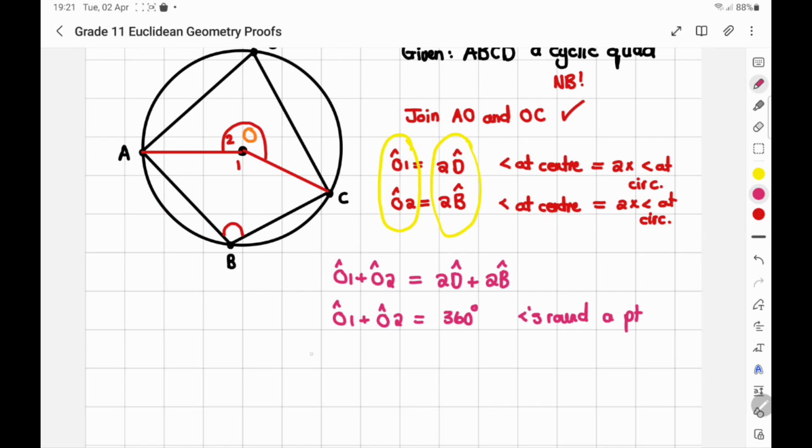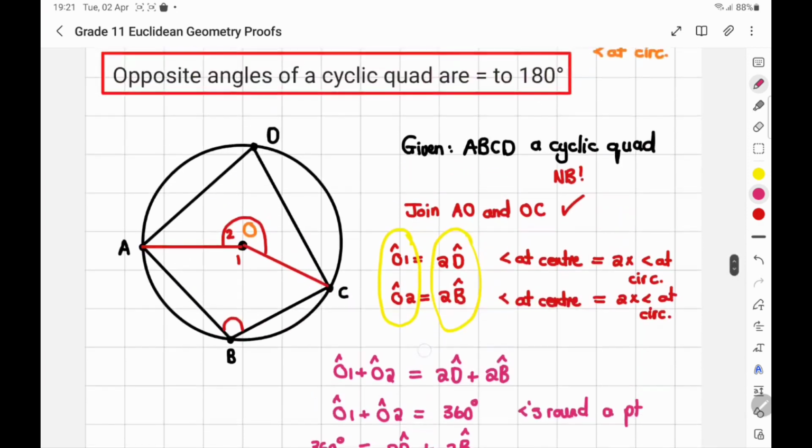Now we can replace that into the value there. 360 is equal to 2 angle D plus 2 angle B. If you simplify, you divide by 2 all throughout, you get 180 is equal to angle D plus angle B, which proves what they've asked.